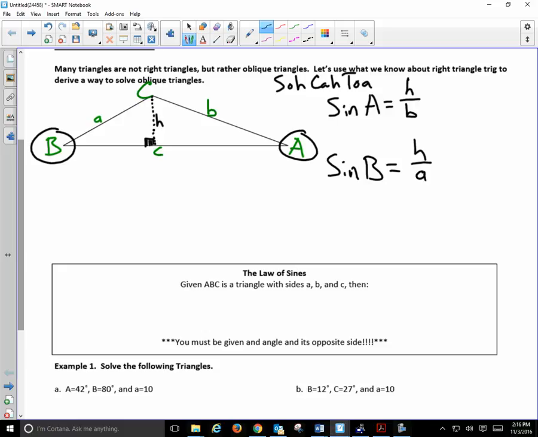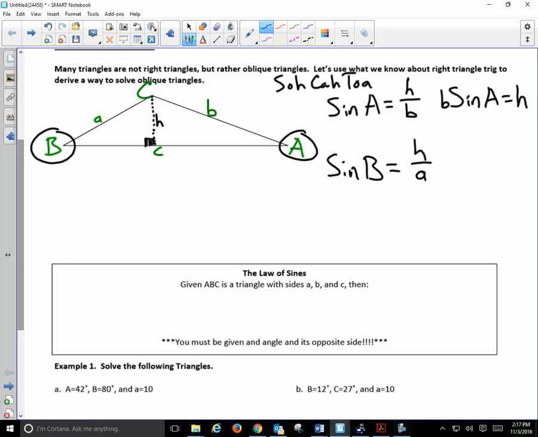What do those two expressions have in common? They both have an H. If I wanted to solve for H, I could multiply by B, correct? And I would get sine of A times B is equal to H. Multiply both sides by B, and the B comes over to the left.